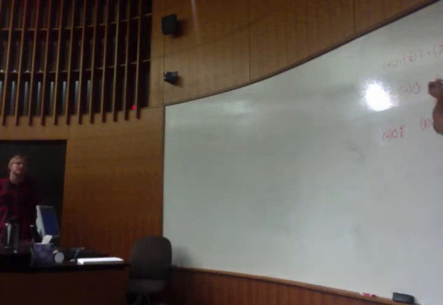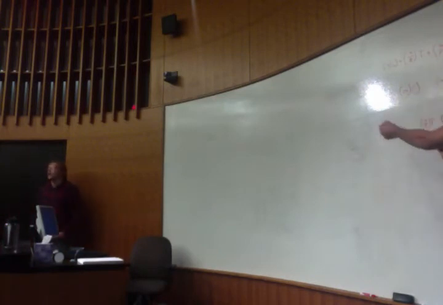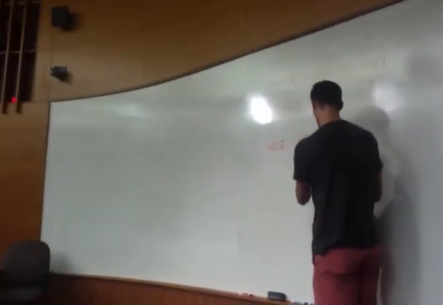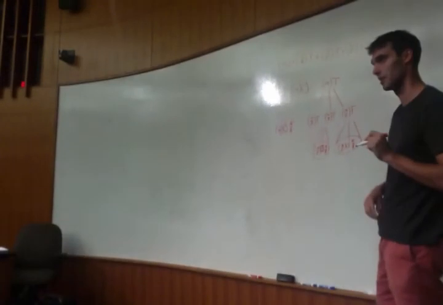The children of n over 2 all together do 7/8 times O of n over 2 work. All the children here do 7/8 times O of n over 4 work. And the same thing for n over 8.